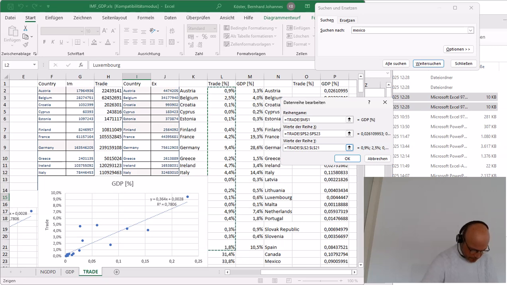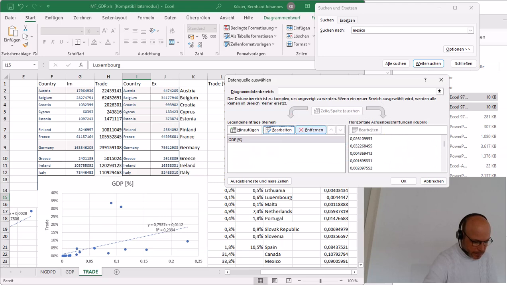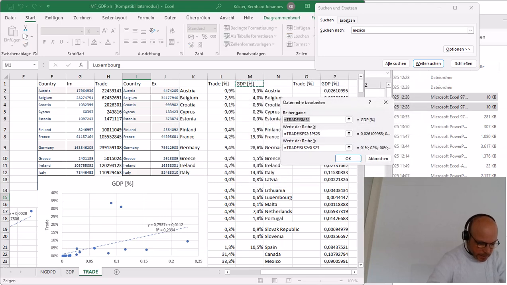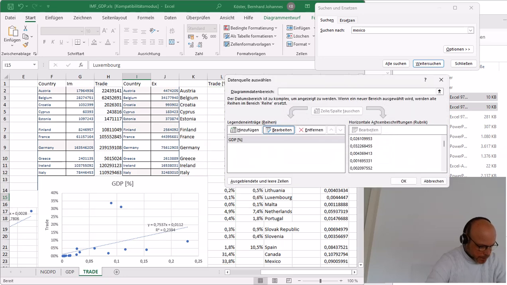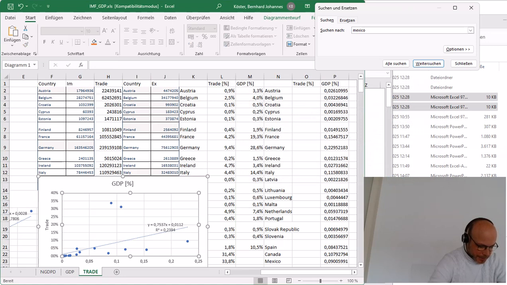And trade also down to 23. And now let's see that this is also okay. This is okay. This is okay. Yeah.